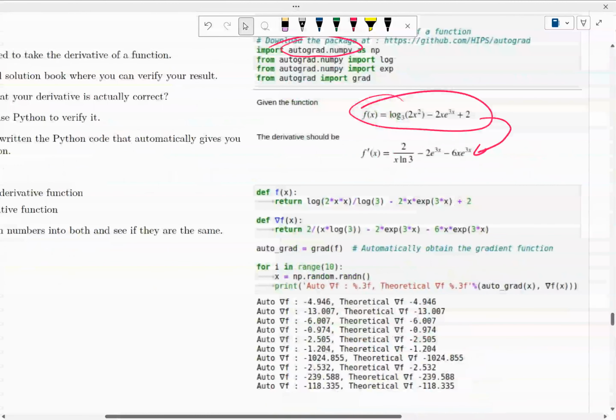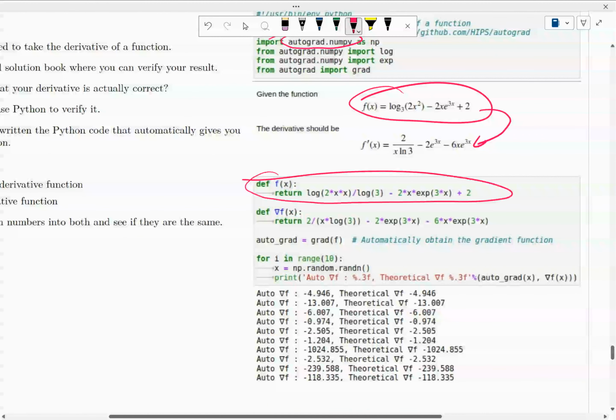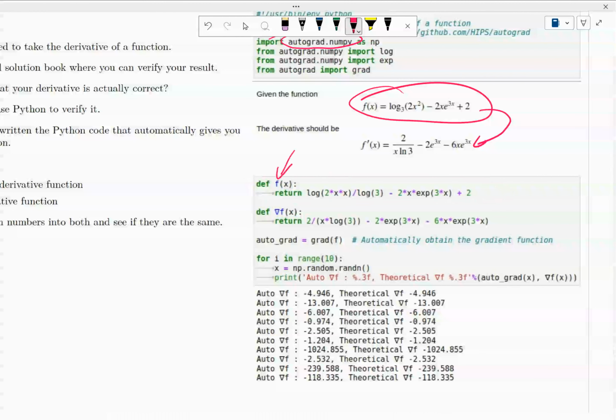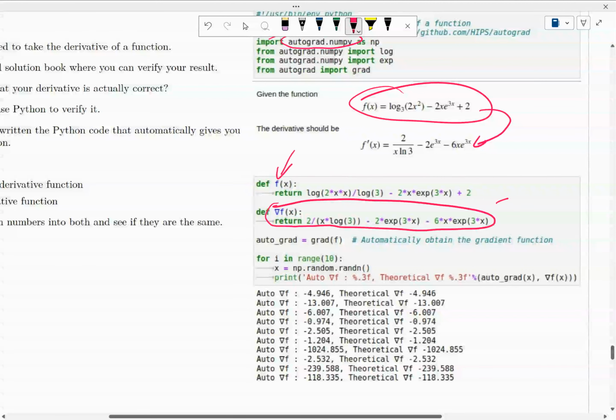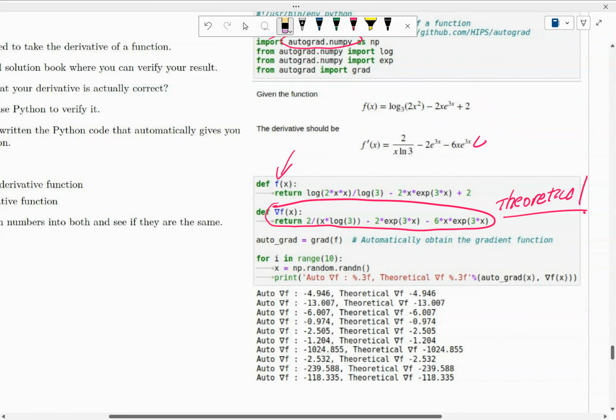The way you can do it is I put in the function itself. So here's the function. This is the function that was given. And then this is the function I calculated. This is theoretical. So if I did a good job of finding this function, which I wrote out as this, then this theoretical should be approximately the same as the computational.